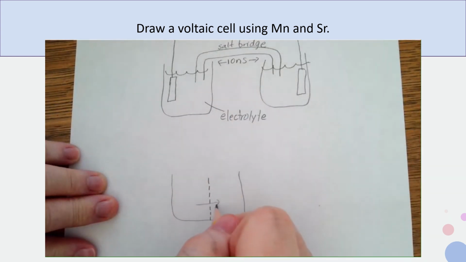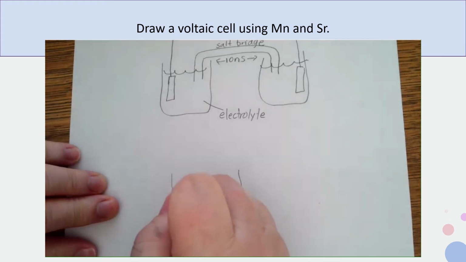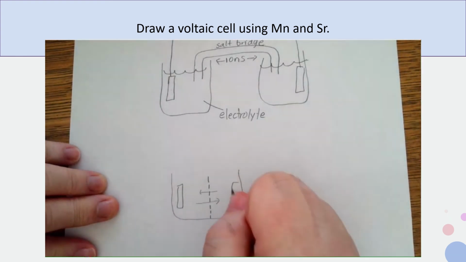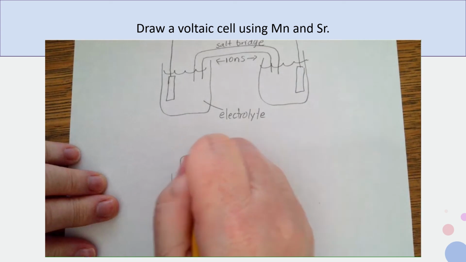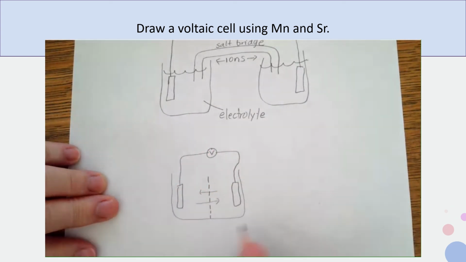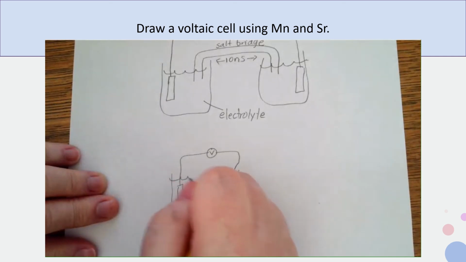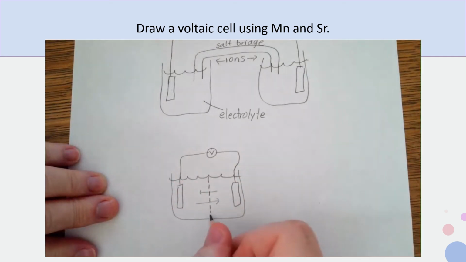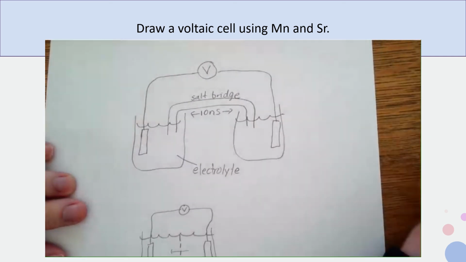So what that means is the ions could flow back and forth this way, but you would still need the other pieces. Electrode over here, connected by a wire, most likely to a voltmeter, okay? This would be the electrolyte. All right, so it can be like this, but I'm going to focus on this one.